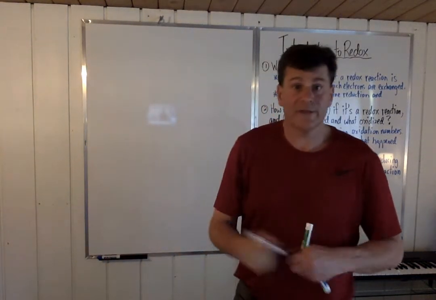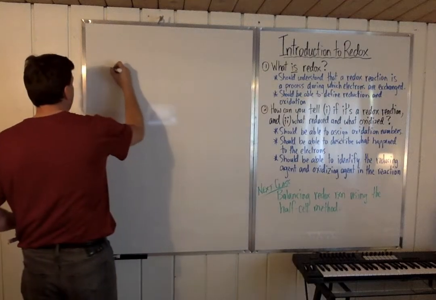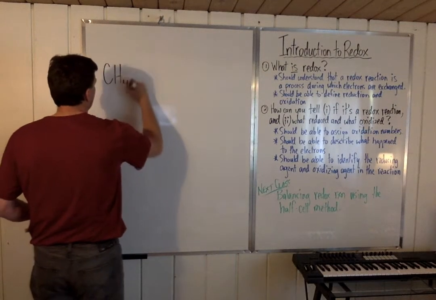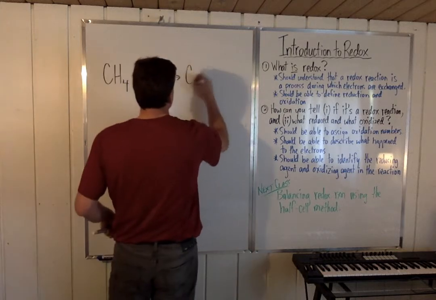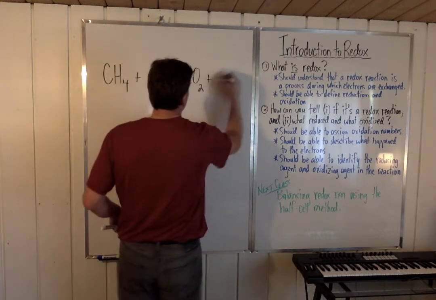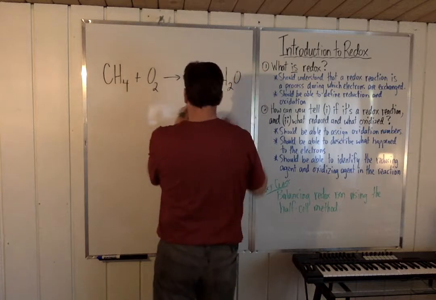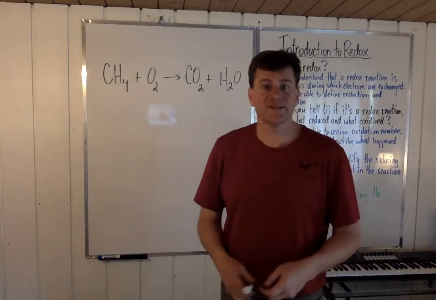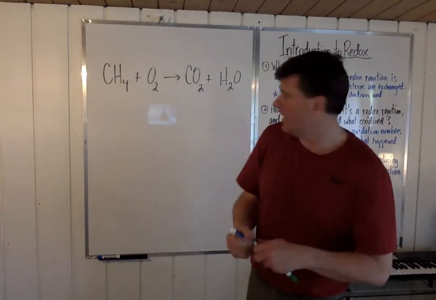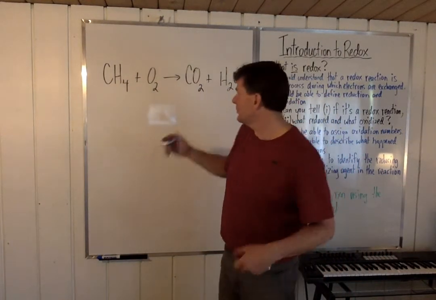Let's go back to that one that I had right at the beginning. So I had CH4 plus O2 goes to CO2 plus H2O. So let's assign oxidation numbers before this thing happened. Over here, before the reaction, go through each one.